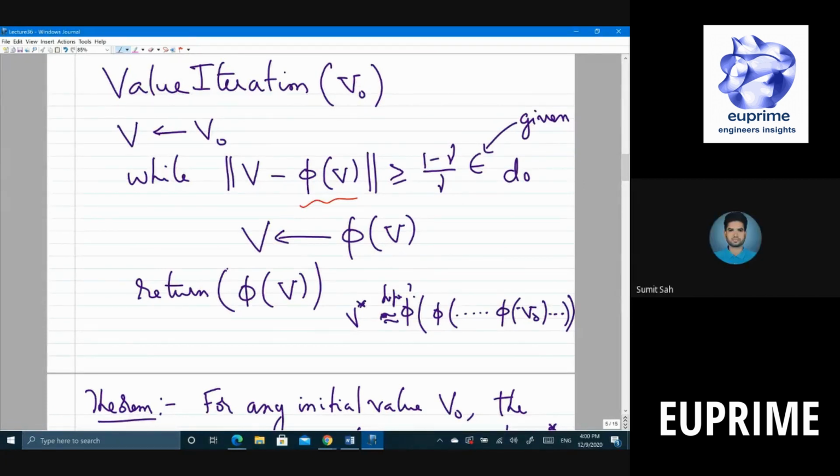Yes, sir. You keep iterating until convergence. The only thing is V as a function of states. If the states are countable but infinite, then you have an infinite thing. But for all practical purposes, you can assume it's finite. Even if it is infinite, I can approximate it by a finite quantity, maybe huge. So that's the issue.